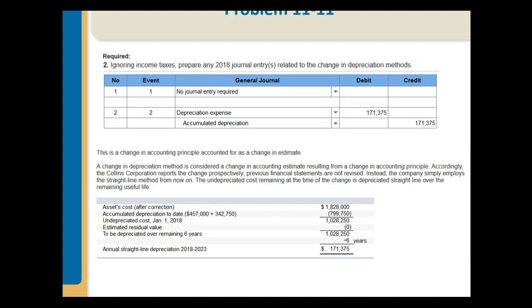As you see here, the asset's cost minus the depreciation accumulated to date gives us an undepreciated cost. With zero residual value, we then know the depreciable cost to be depreciated over 6 years, which gives us our $171,375.